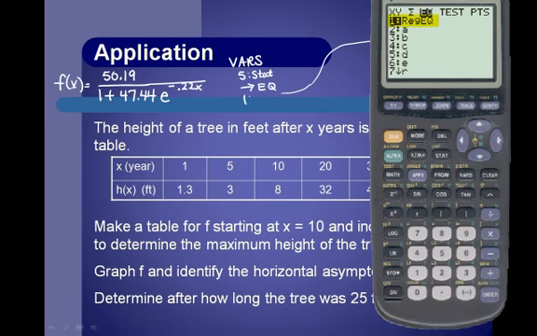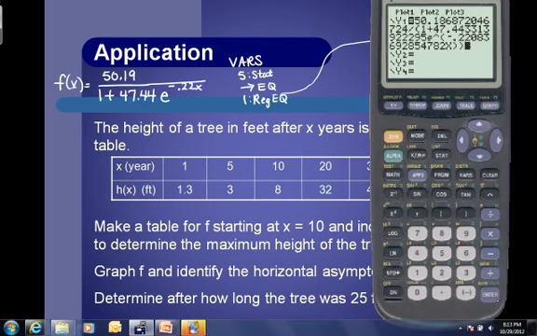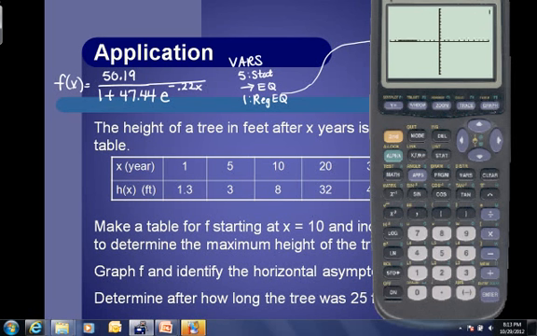Then option number 1 is regression equation, because that's the one we're looking for. Well, when we do that, notice it puts that whole formula into your y equals. So now when we graph that, our picture looks like this right here.